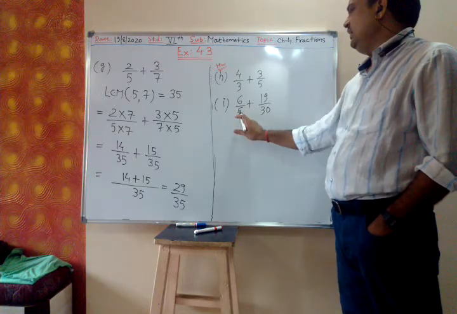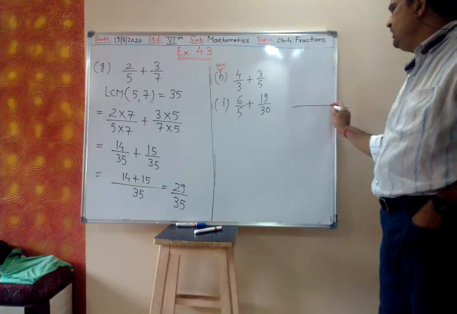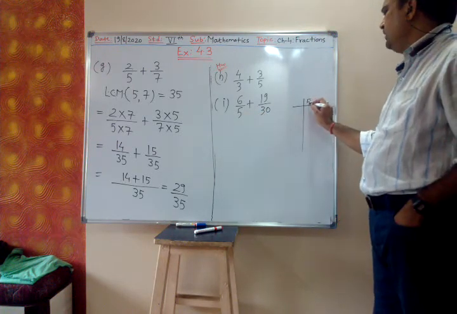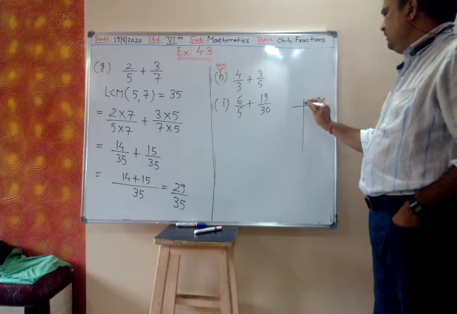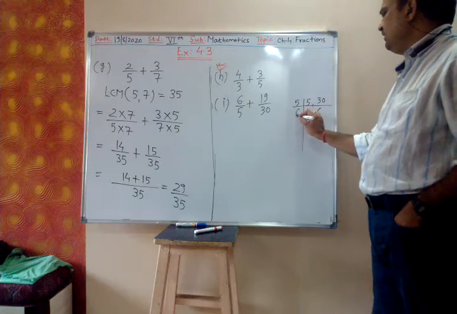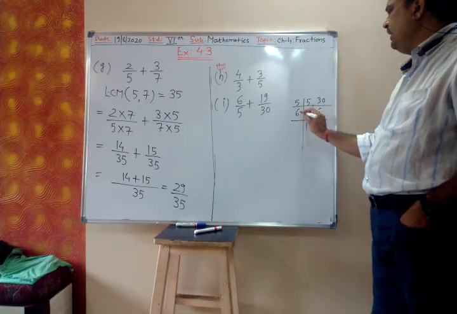You have to take the LCM of the denominators by using the division method. We have studied the division method, no? The denominators are 5 and 30. Now we take 5: 5 1 ja 5, 5 6 ja 30. Then I take 6, 1, 1. The LCM is 5 into 6.